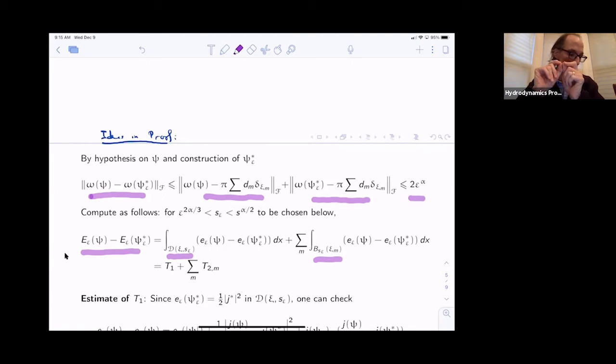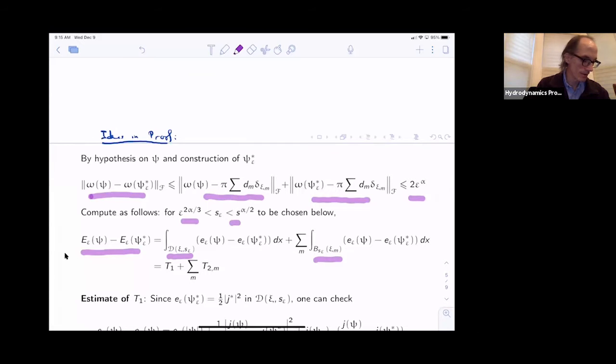Now I'm cutting out balls of a scale like epsilon to the 2/3 alpha, which is much bigger than the scale of closeness. So they're close, and on a ball which is still small but of a vastly larger radius, I cut out those balls. That's what I've done here for S epsilon in this range, which is much bigger than epsilon to the alpha.